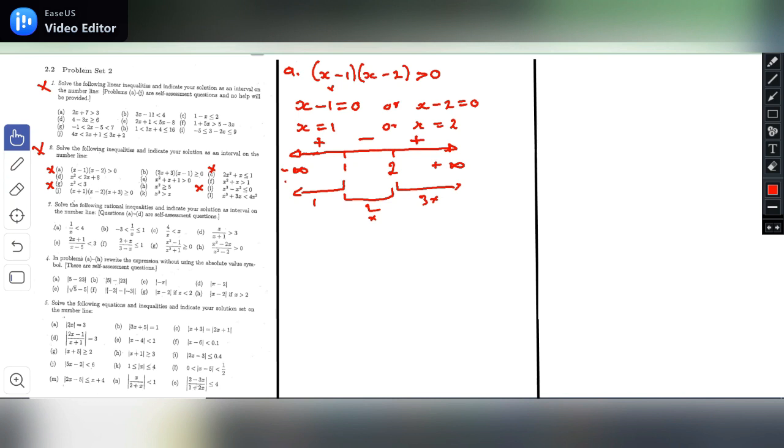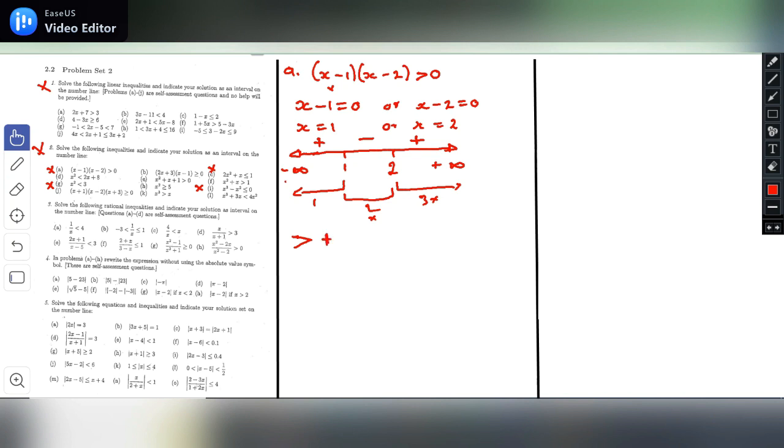Okay, why were we supposed to find those signs? How are those signs going to help us? Let me write this one before. If our equation says it's greater than 0, it tells us that we need to focus only on the positive values that we found.